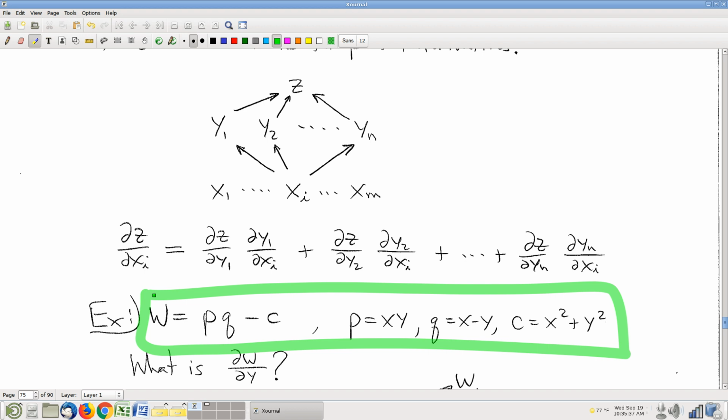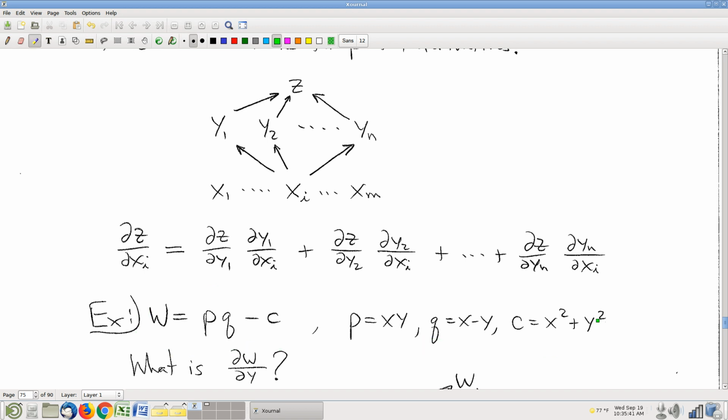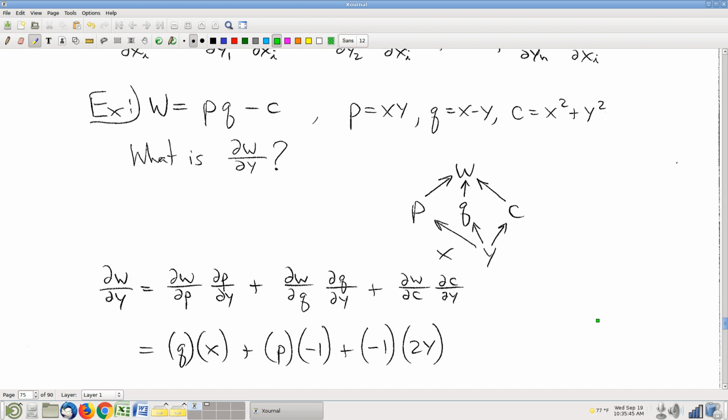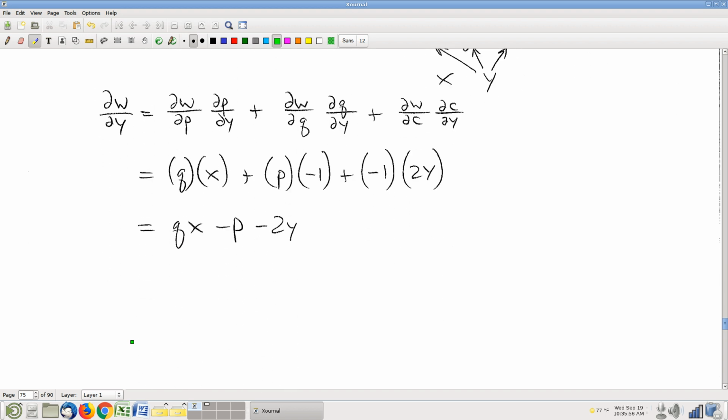What are the intermediate variables here? Really easy to get confused. So a roadmap straightens all that out for you. Now notice that these partial derivatives are all easy to compute. Plug in, and there you go.